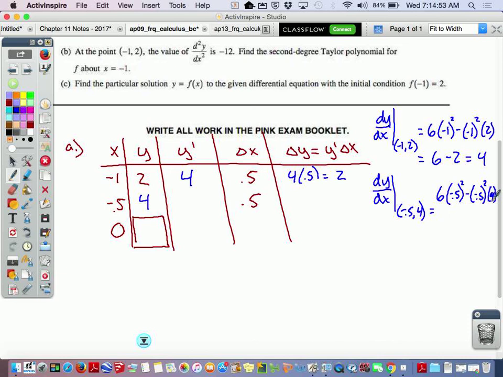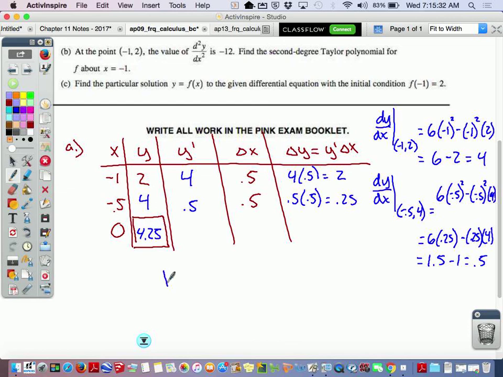Now negative 0.5 squared is 0.25, so this is actually going to be equal to 6 times 0.25 minus 0.25 times 4. 6 times 1/4 is 1.5 minus 1, which gives us 0.5. So I'll put a 0.5 here. And I'll do 0.5 times 0.5, which is 0.25. 0.25 then gets added to 4, which would be 4.25.